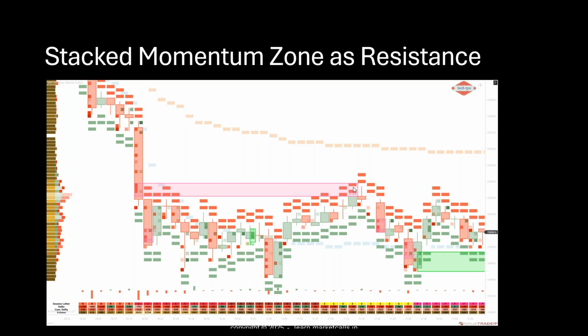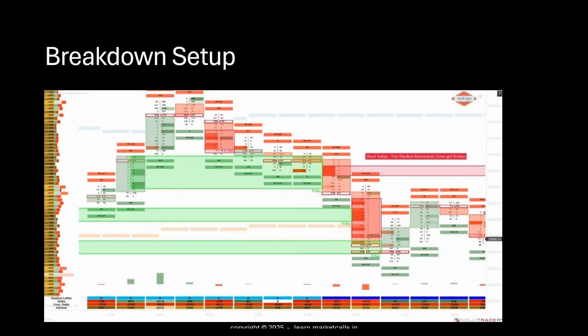Now, if you ask me whether it will act like support or resistance all the time, absolutely not. You can also use it as a breakdown setup. Whenever it is breaking down, you can trade the stacked momentum breakdown setups as well. There are times stacked momentum zones will break down very hard, and in such places you can play the breakdown setups.